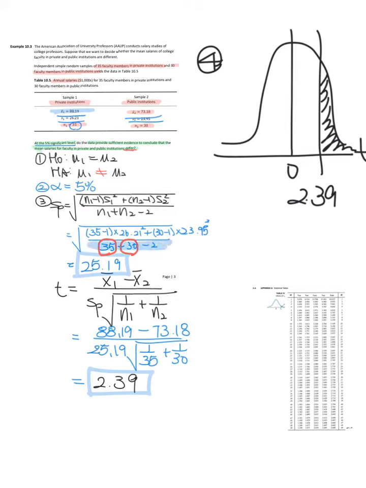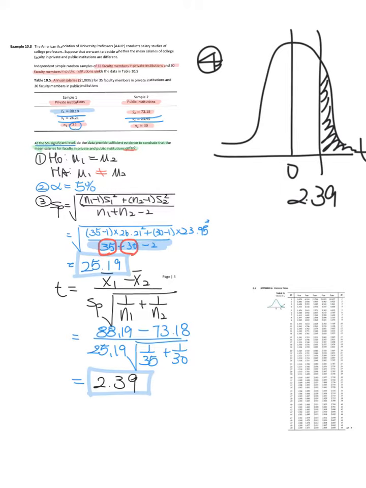That is the degree of freedom. Now we have two samples, two n's. One is 35, 35 minus 1 is 34. The other one is 30, 30 minus 1 is 29.